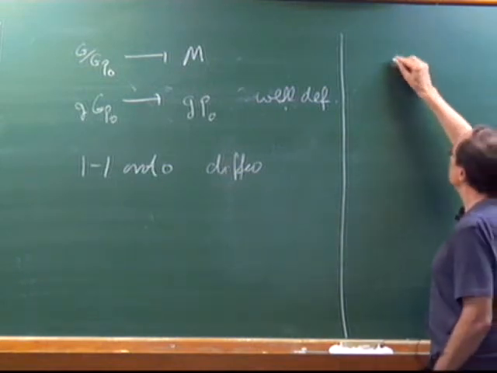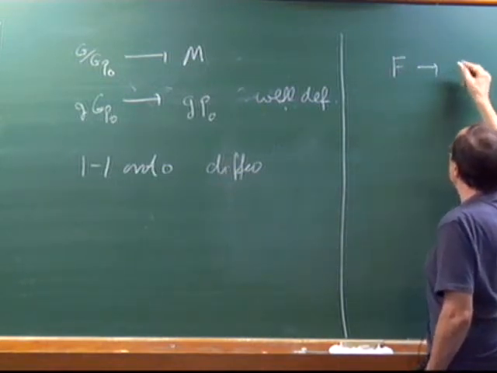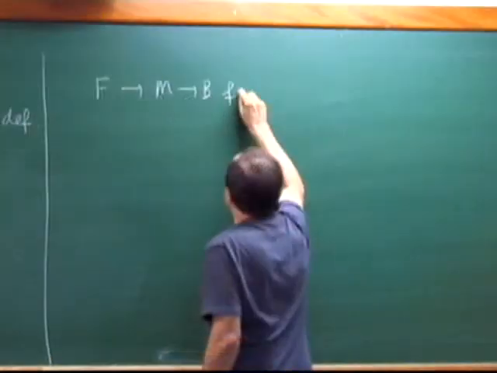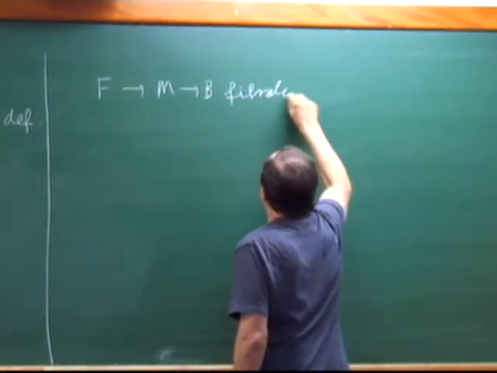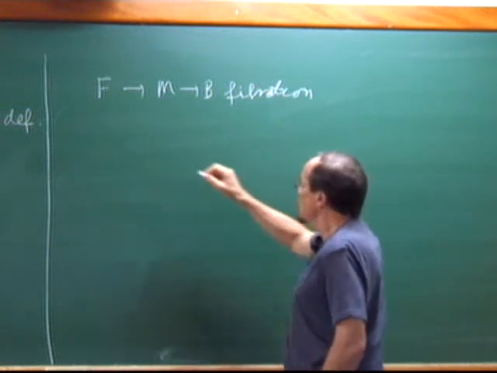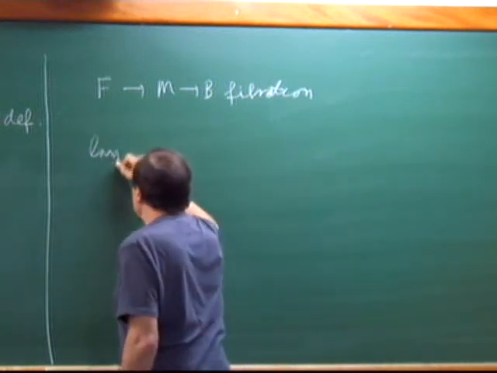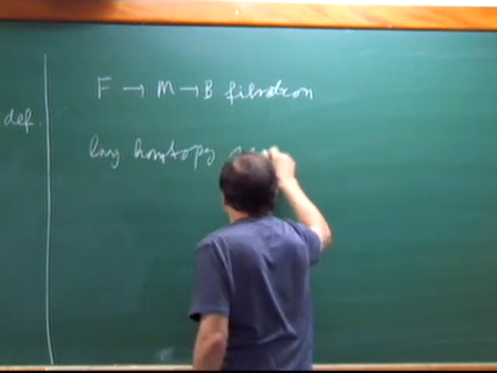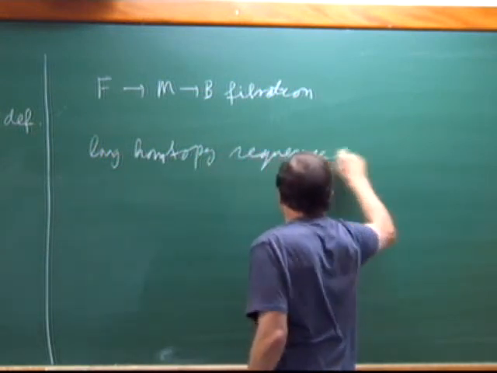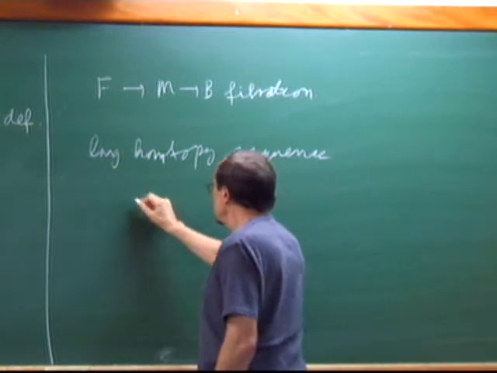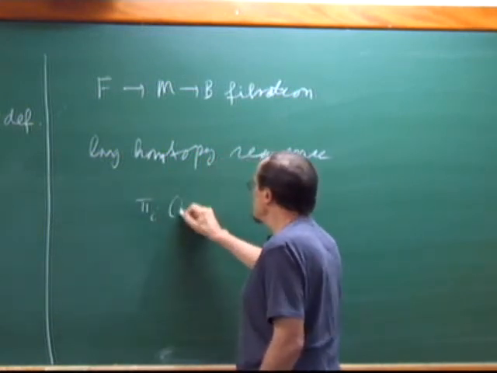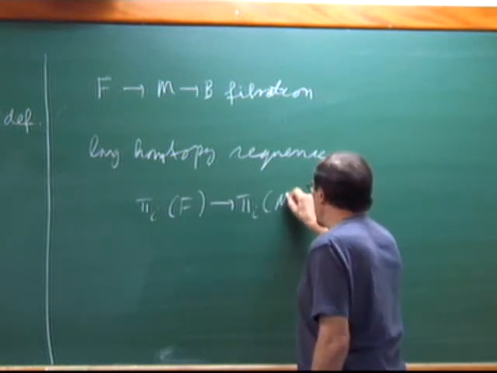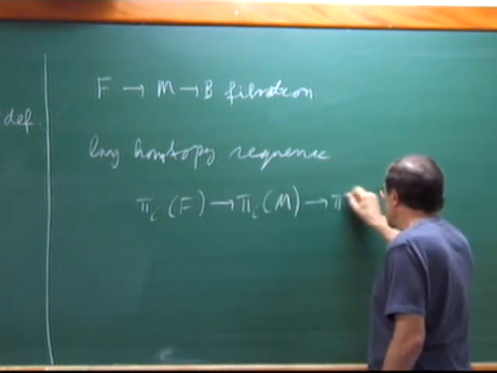Another fact I need is from topology. If I have a fibration, I have a long exact homotopy sequence of the homotopy groups. This is induced by the maps given by the fibration.